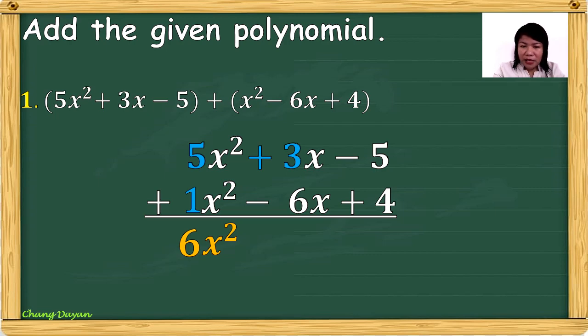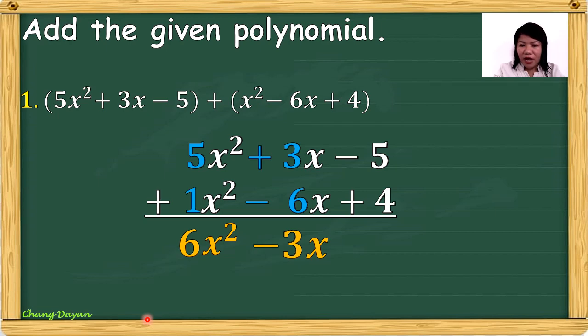positive 3 plus negative 6. The answer here is negative 3. We have to follow the sign of the bigger absolute value, which is negative 6. Mas malaki ang absolute value ng negative 6 kaysa sa ating 3. And then, copy the literal coefficient.